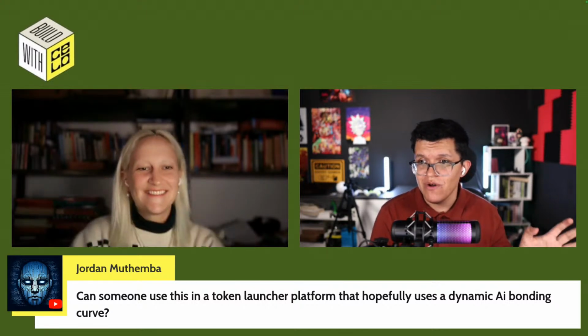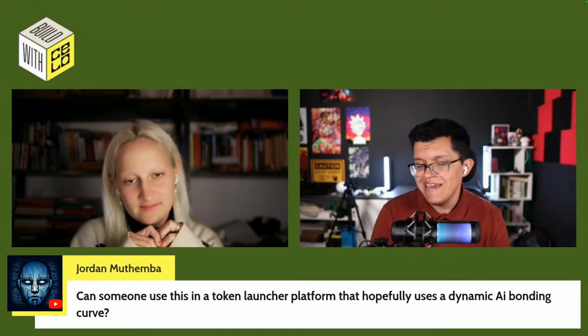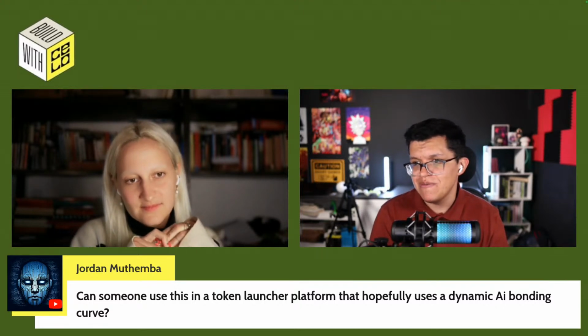The answer is yes, but it needs a lot of setup. Actually, I'm going to spoil something. The next video I'm going to release on YouTube is going to be about how you can create an automated token deployer directly on Telegram, and it's going to use the exact same idea that Jordan is putting here.